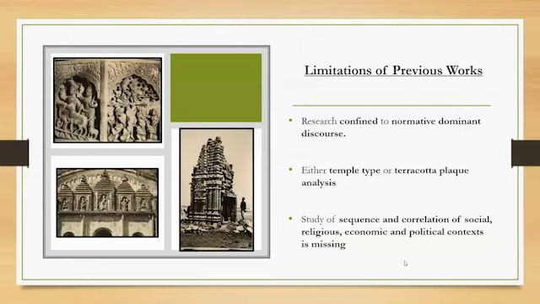Hitesh Ranjan Sanyal was the only exception, with his analysis and interpretations based on an ethnographic perspective. No attempts were made to understand the sequence and correlation of social, religious, economic, and political contexts which resulted in such proliferation of temple building activities during the late medieval period. This is the premise from where I have raised some alternative questions.